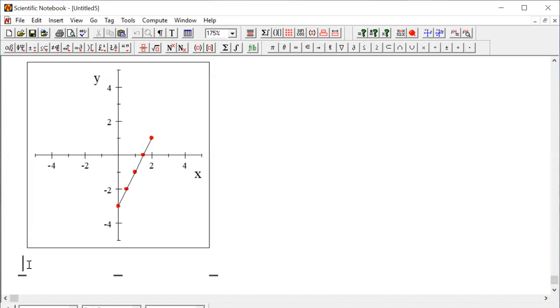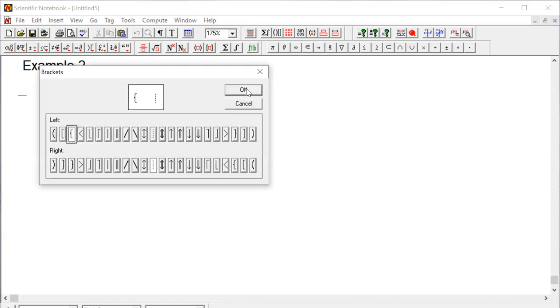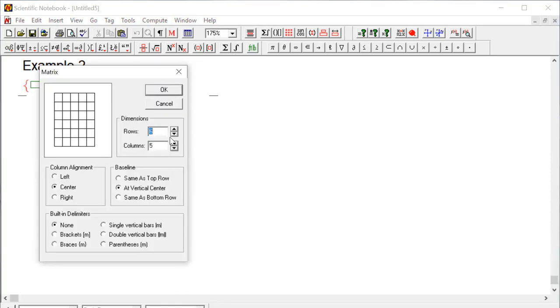For this one, we're going to choose example number 2. This question is parametric. We will choose e to the power t.